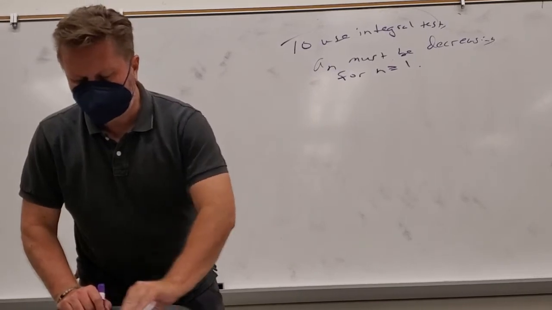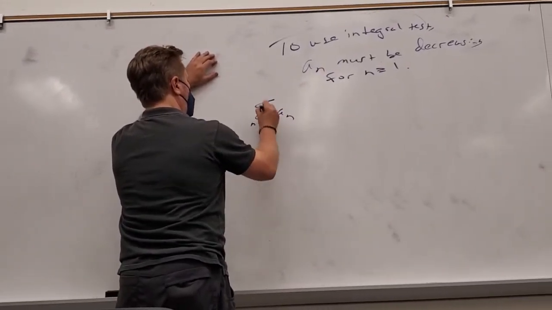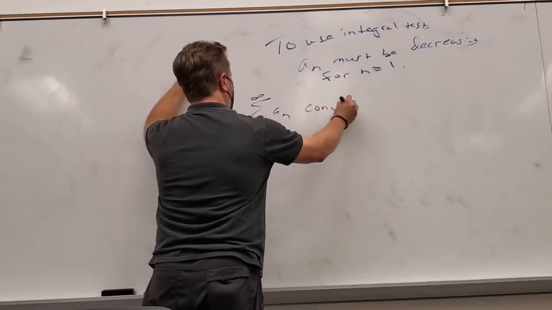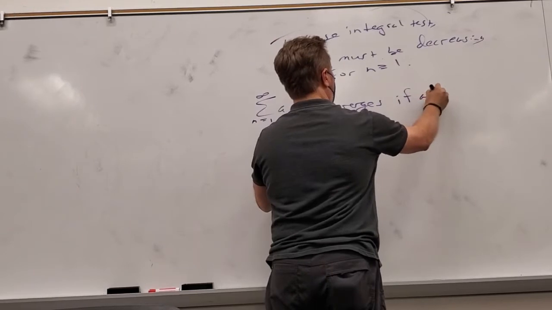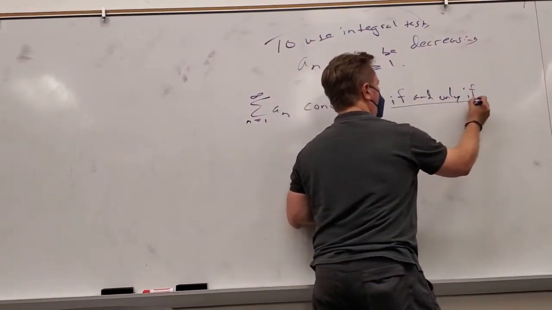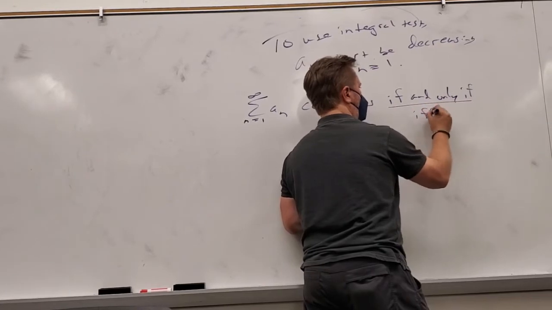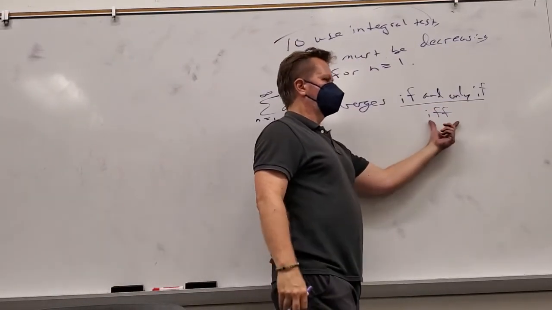Oh, I do want to say this real quick too. So this converges. Okay, here we go. If and only if, and this is the only time I'm ever going to write this phrase. From now on, it's going to be this. This is proof speak.